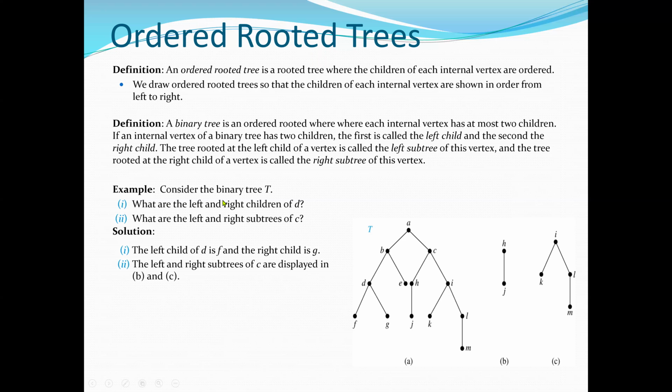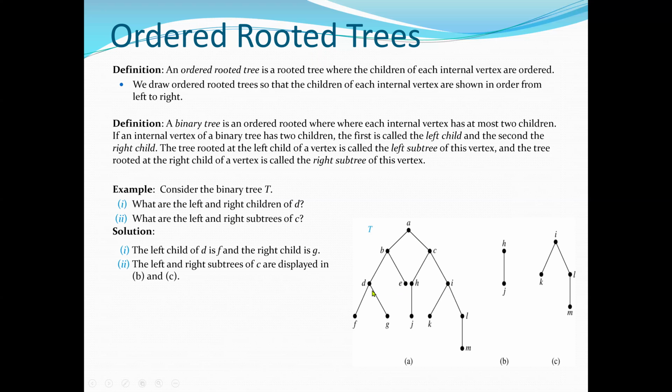So the example we should consider here: we have a binary tree T. The reason we know this is a binary tree is because each vertex has 2 or fewer children. Here they ask, what are the left and right children of D?